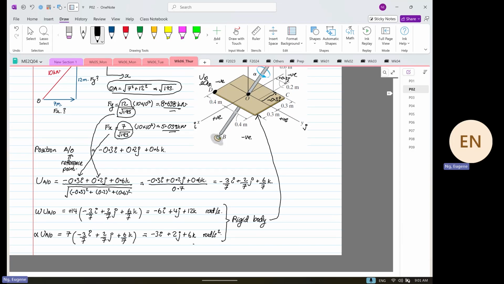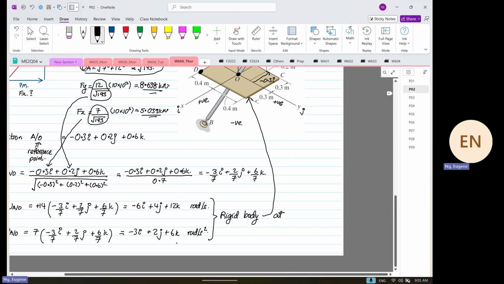So when it's a rigid body, or I'll write down here, at any point within a rigid body, right, at any point within a rigid body, omega and alpha are the same.